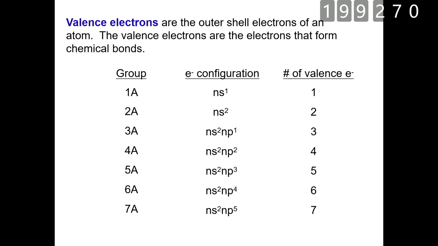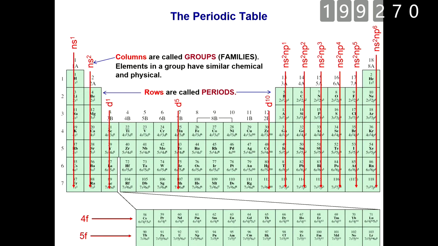Okay, so we can figure out the number of valence electrons. So in this part, we just introduce how to write the Lewis structure for the atoms of these representative elements.